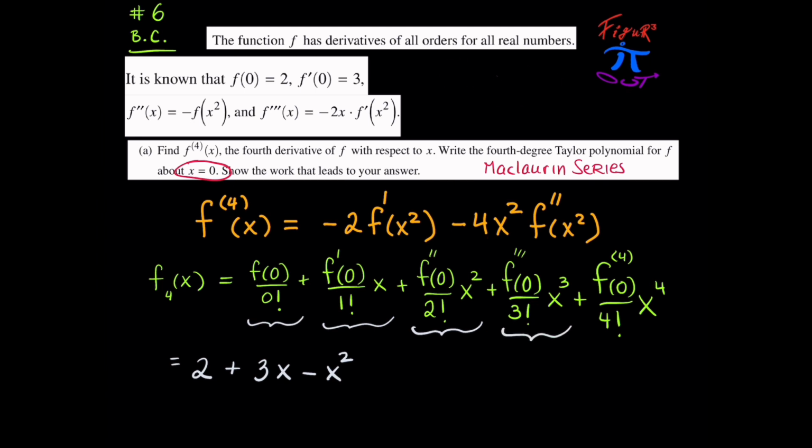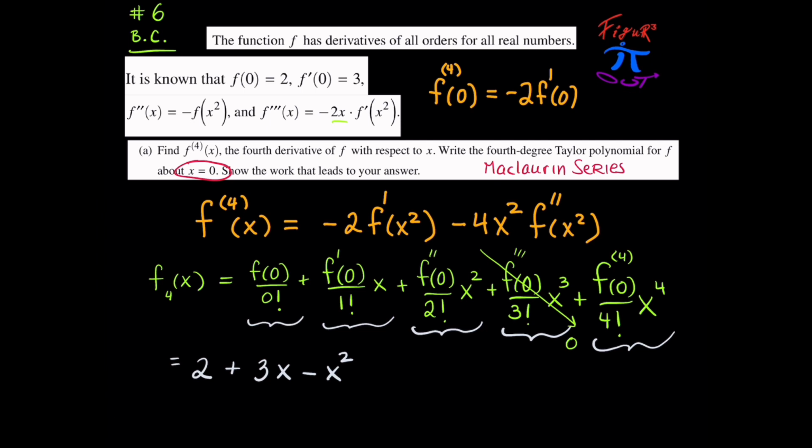The third order term, we have an expression for f triple prime, and we'll evaluate that at 0, and that's going to be 0. So that third order term drops out. And last but not least, we'll use our fourth derivative we calculated to find the coefficient of the fourth order term here by plugging in 0.